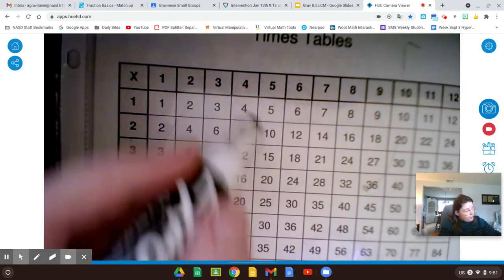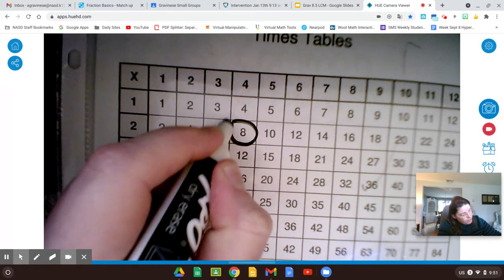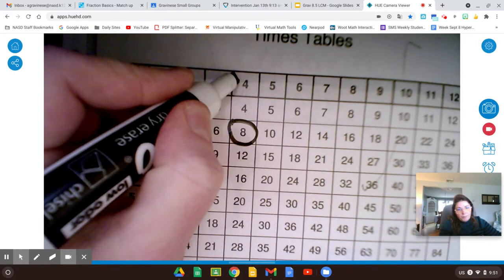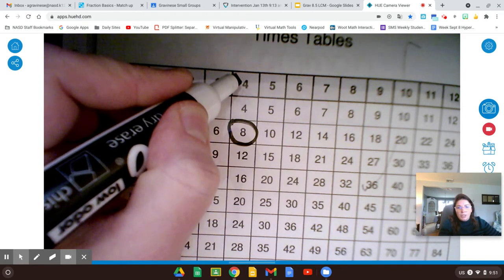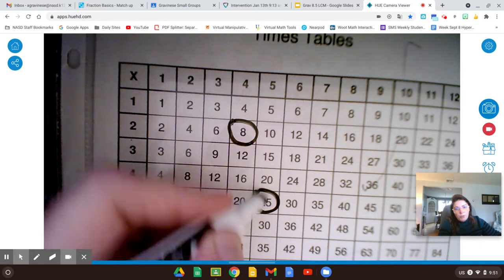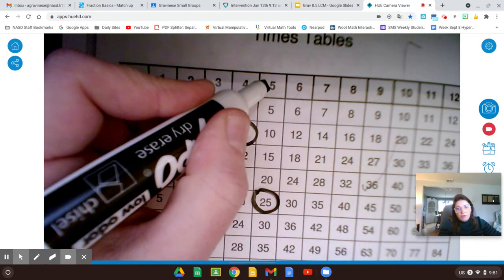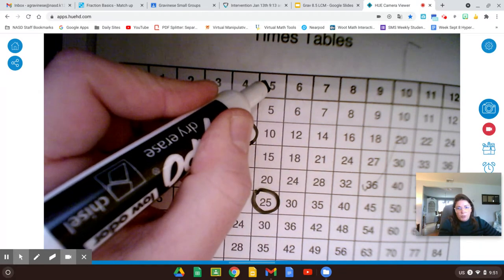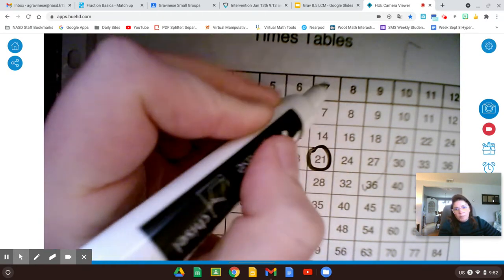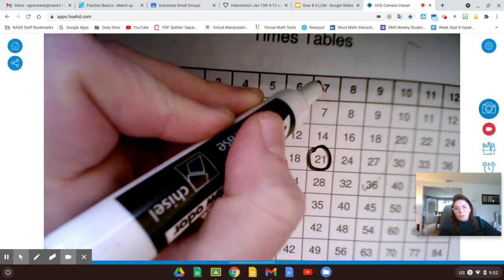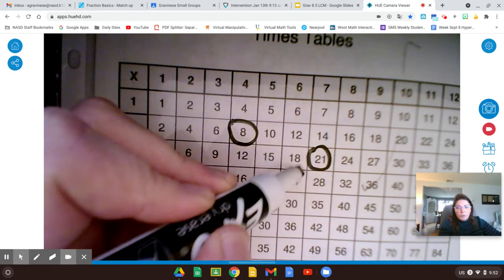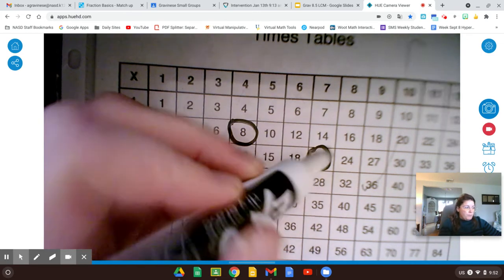For example, 8 is a multiple of 4 because 4 times 2 equals 8. 25 is a multiple of 5 because 5 times 5 equals 25. 21 is a multiple of 7 because 7 times 3 equals 21. The multiples are what you get when you skip count.